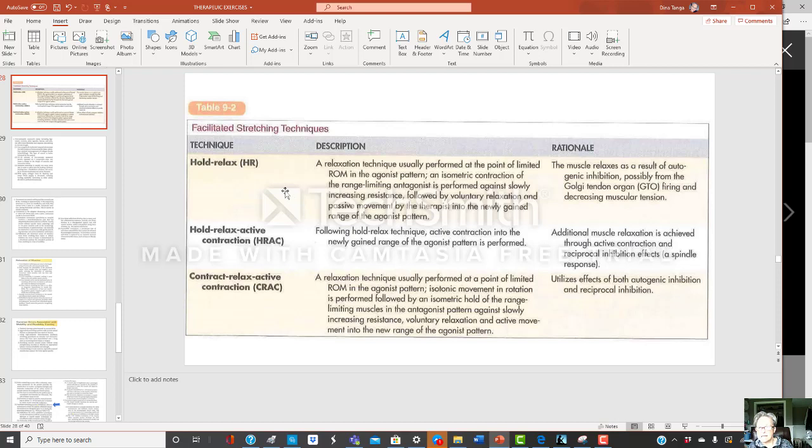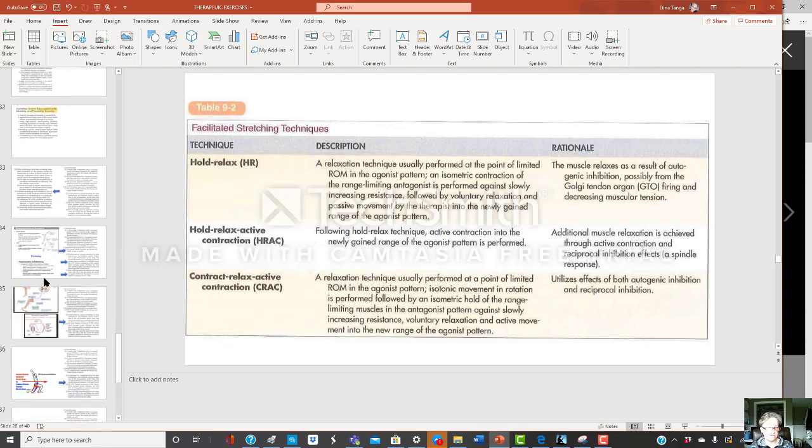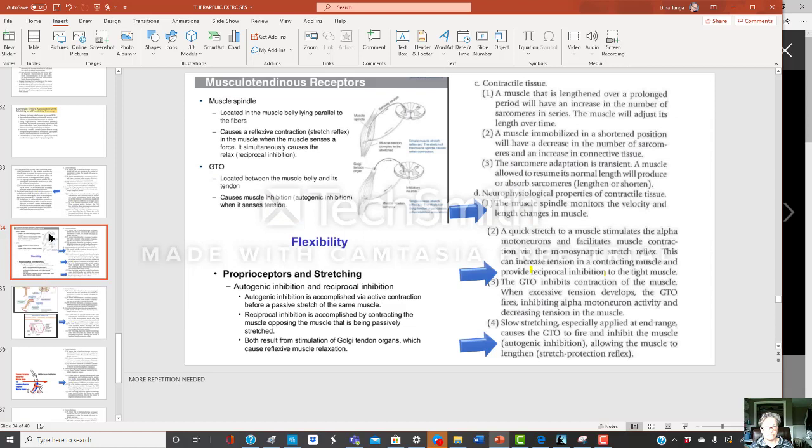The muscle relaxes as a result of autogenic inhibition, possibly from the GTO firing and decreasing muscular tension. So let's go here. Autogenic inhibition is accomplished via muscle contraction before a passive stretch of the same muscle. So you actively contract that muscle before it is passively stretched.